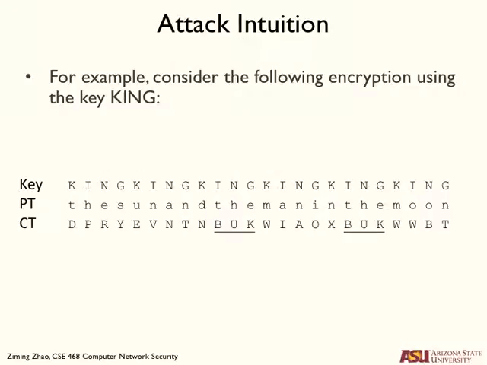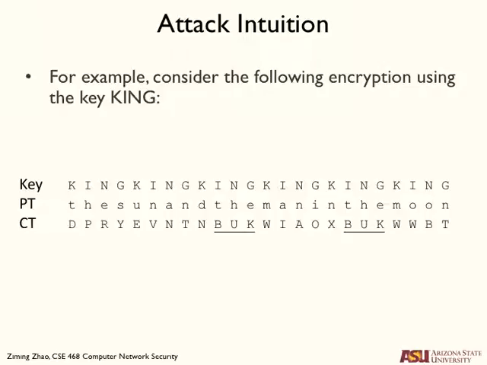So here is an example. We are using the key king here. We can map it to different numbers. K maps to a number, I maps to a number. So we have the key, we have the plain text, and with the plain text and the key, we get the ciphertext. When we try to attack it, we look for repeated words in the ciphertext.